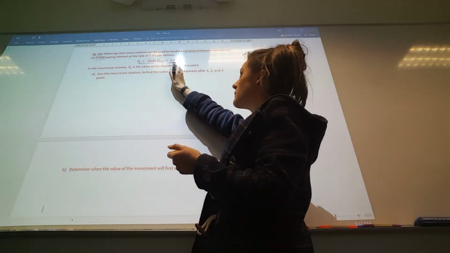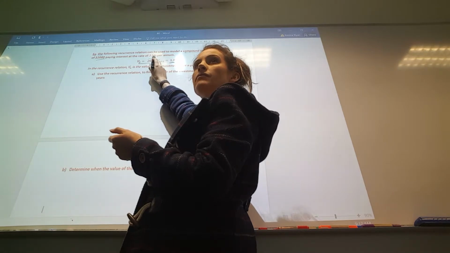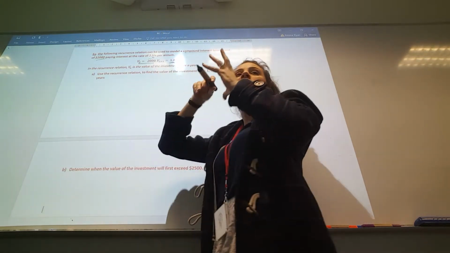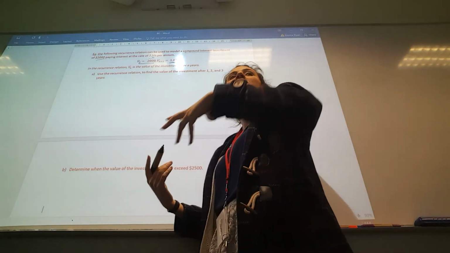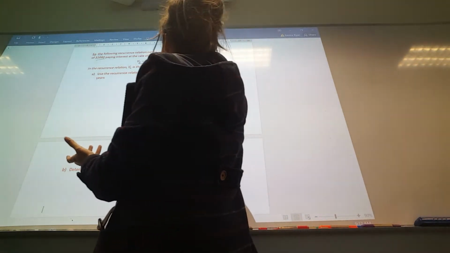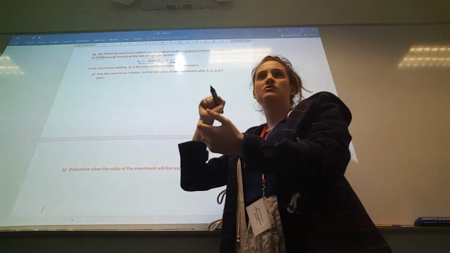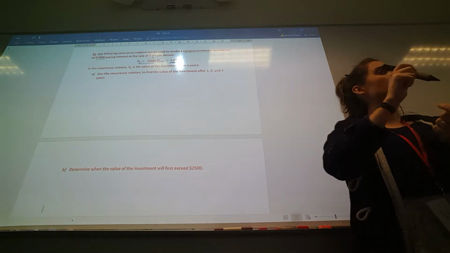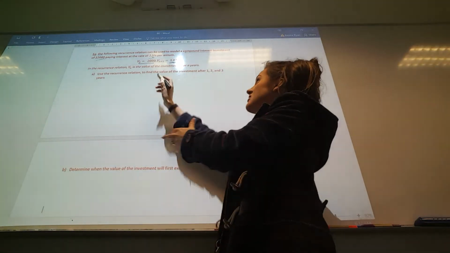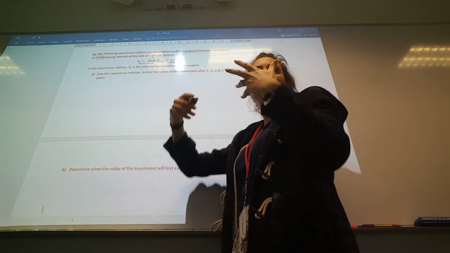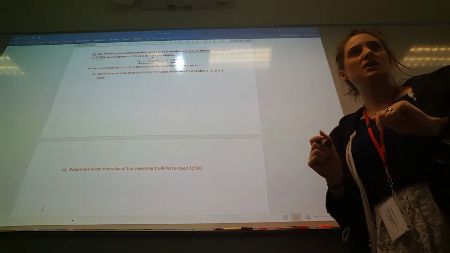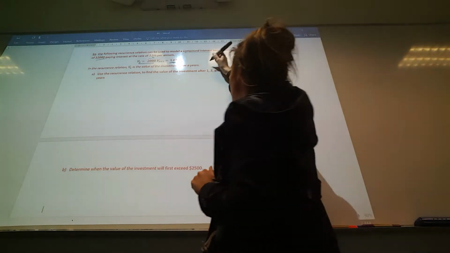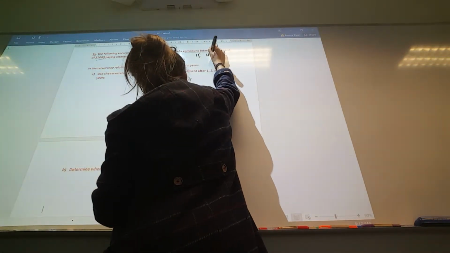We can see that this number is different than this number. This number has already been put into that R formula. They've given us the ratio, what we need to multiply by, because it's in our recurrence relation. So if you've been given the recurrence relation, that number is what we're multiplying by. You don't need to put anything into the R formula. Make sense? Might want to make a note of that.